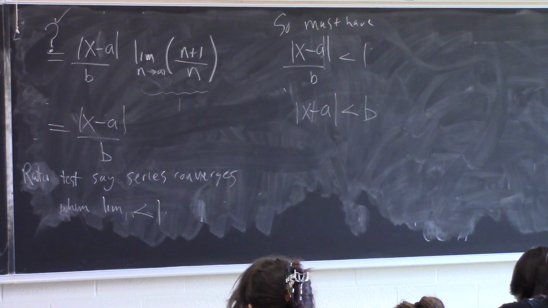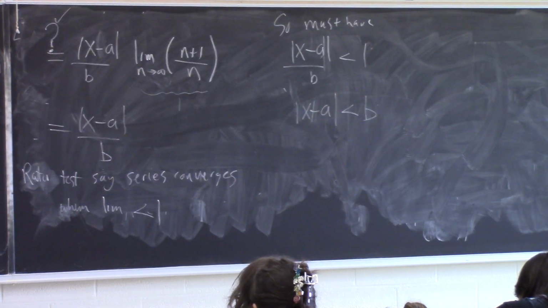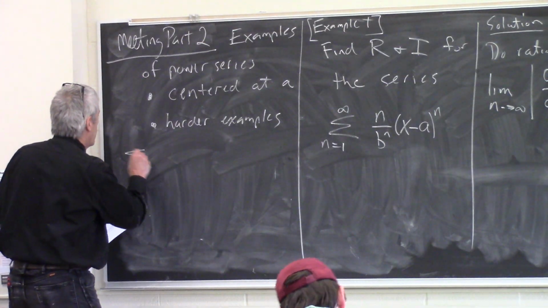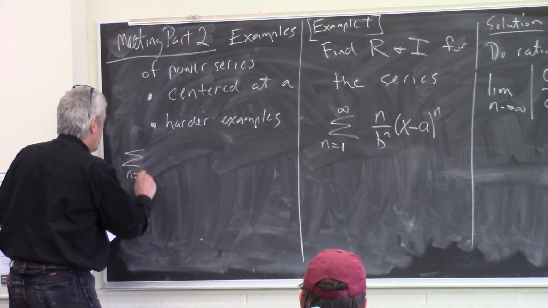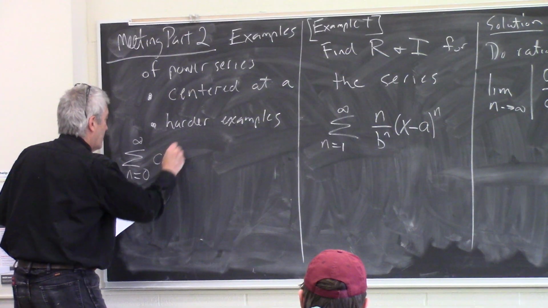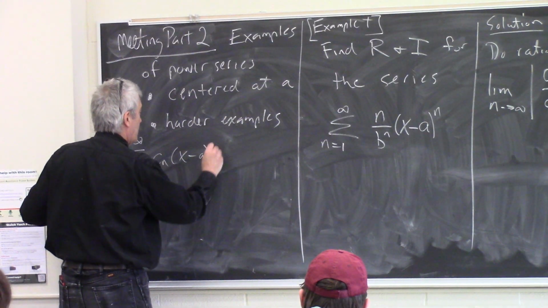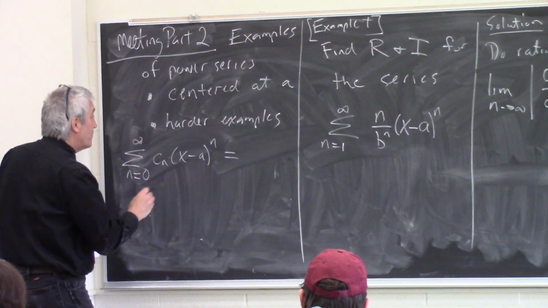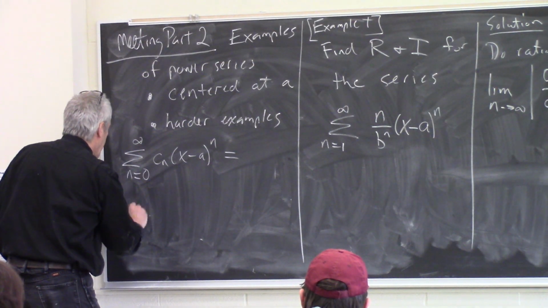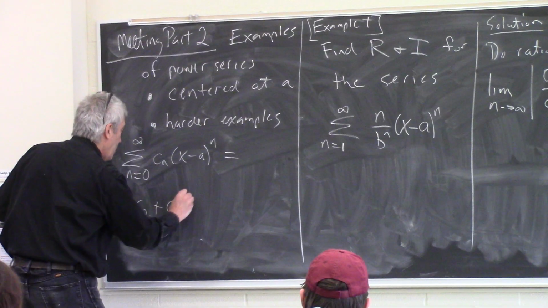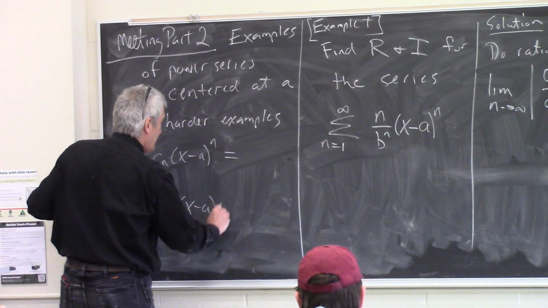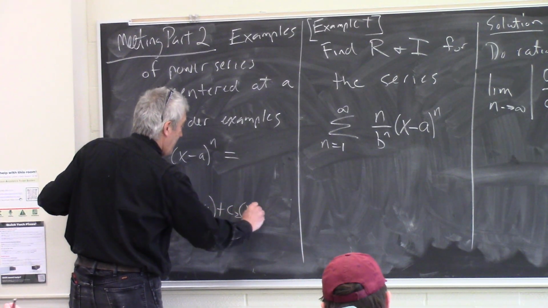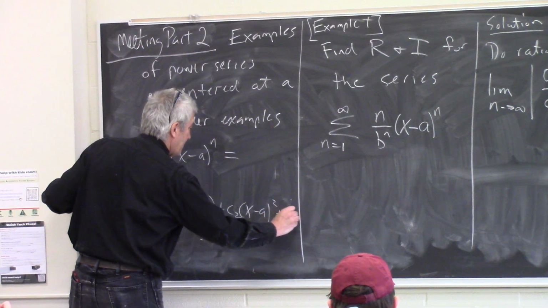A power series centered at a. You have this in your notes. You don't need to write this down, but this is C0 plus C1 times x minus a plus C2 times x minus a squared plus and so on.